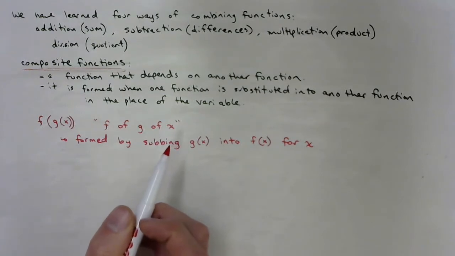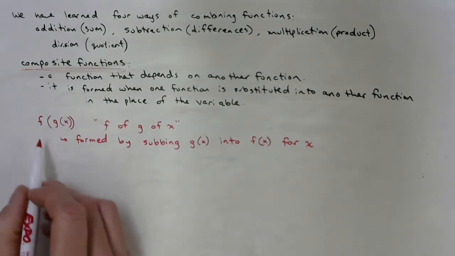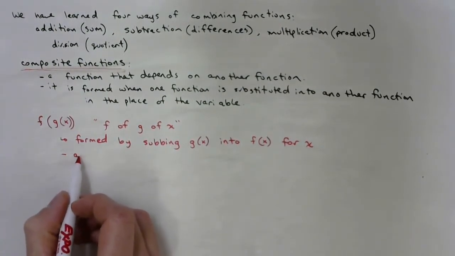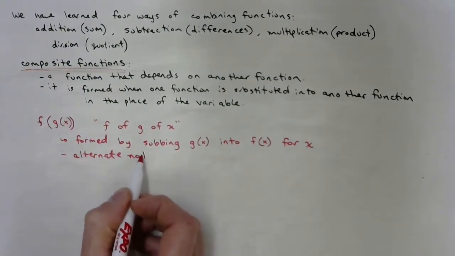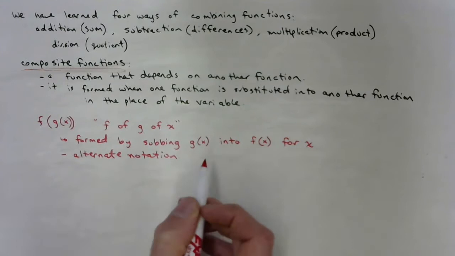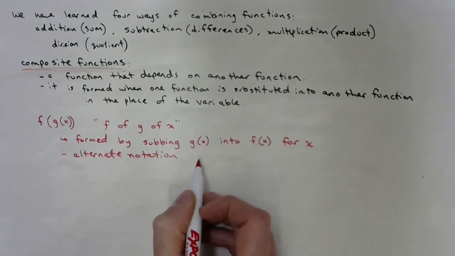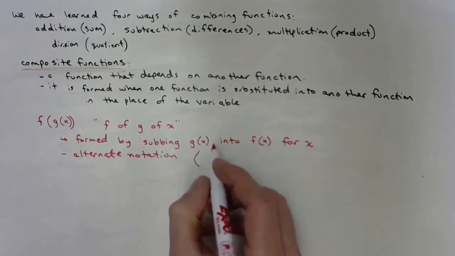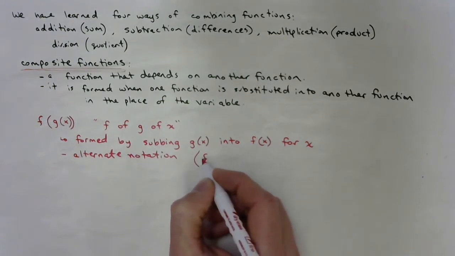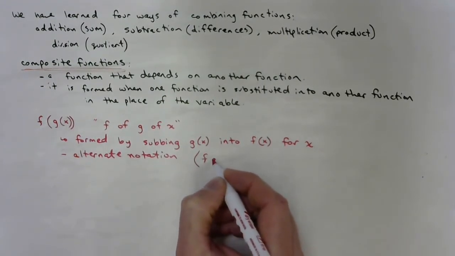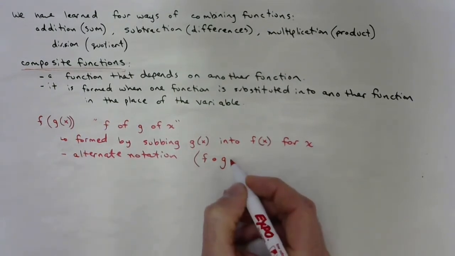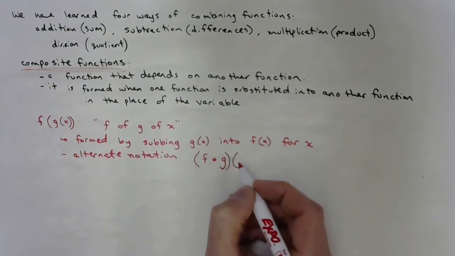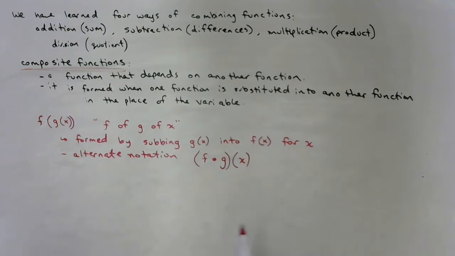Okay? Another way that you might see this noted, alternate notation, is f∘g(x). So that looks like this. It's an f for the function of f, and then a little circle, and then a g, and then in brackets x.